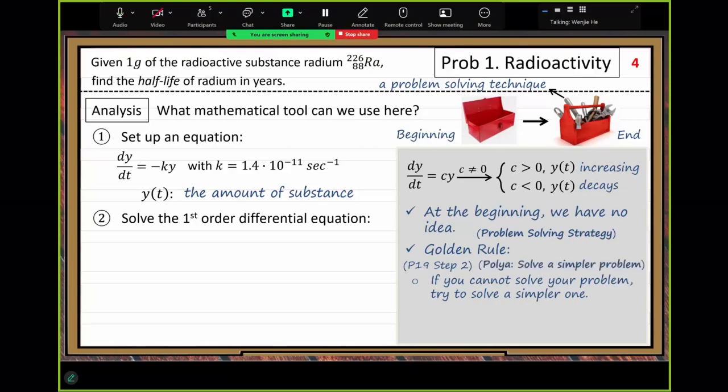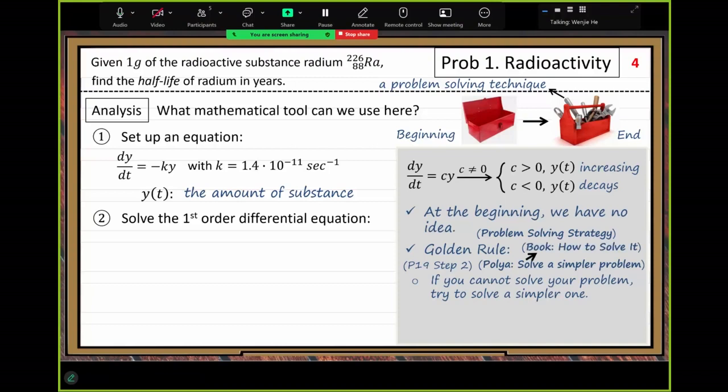Regarding problem solving, there is a famous educator called Polya, a Hungarian mathematician. Very famous. He wrote a book in 1945, that early. He was a Stanford professor, a well-known mathematician and educator. He wrote a book called How to Solve It.